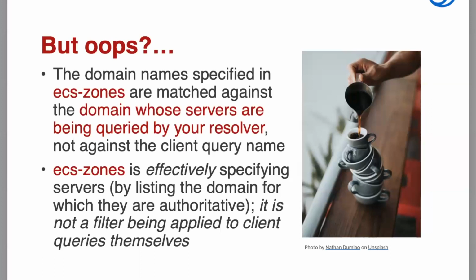But it's not saying if the name queried by the client matches ECS zones, then add ECS options to the query. Now that's quite subtle, so I'm going to give you an example.